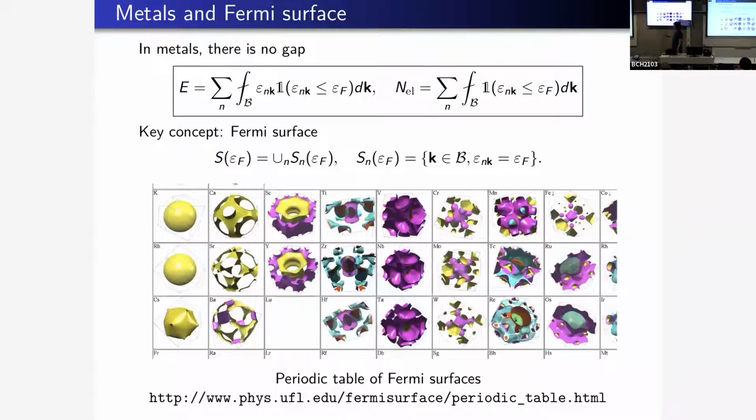The problem is that the topology and the geometry of the Fermi surfaces can look very, very complicated. So this is a very common site where you can visualize the Fermi surfaces of different materials. If you're here, then it's good. If you're here, not so much. And accordingly, this kind of problem is much simpler to integrate than this kind of problem.